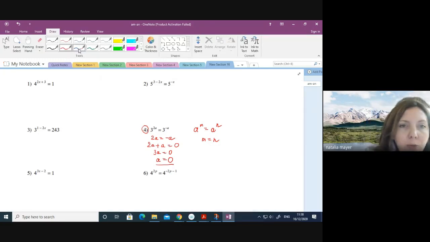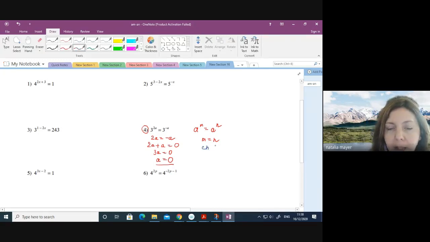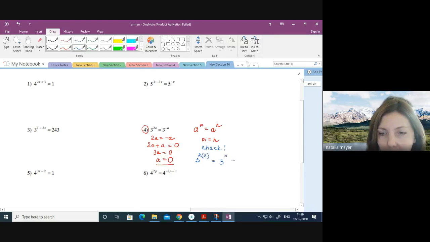We can do the check to make sure that it's correct. I do recommend the check for these equations, okay? So let's sub in 0 instead of the unknown. So 3 to the power of 2 times 0 is 3 to the power of 0, right? 3 to the power of 0 is 1. So this is the left side. Let's check now what happens on the right side. So 3 to the power of negative 0, right? So what shall I do with this negative exponent?